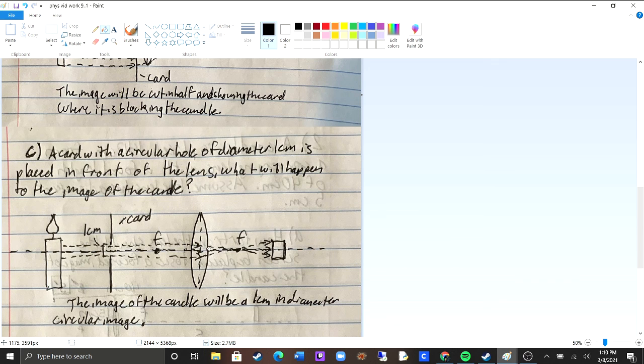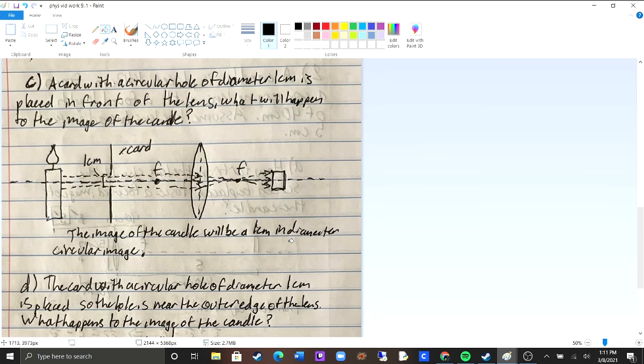They go through, and then anything above this center axis is going to refract towards the focal point and then be kind of underneath this axis. So this little section of the candle that we would see is flipped upside down, and then the rest is covered by the card. So the image of the candle will be a 1 centimeter in diameter circular image, and it will be flipped upside down.